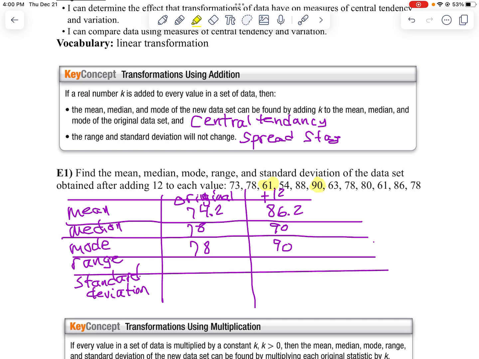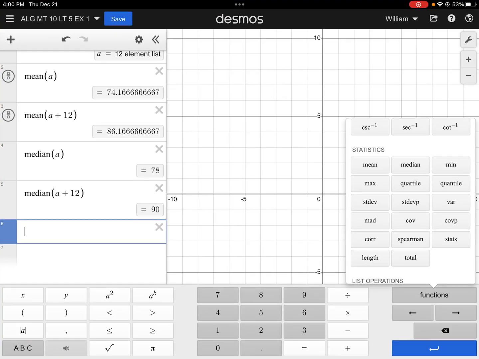So my range would be 29. And if I go 29 plus 12, that would be 41. Now, can we do the range on Desmos? I think we can. No, we can't do the range. So we'll just leave that alone.